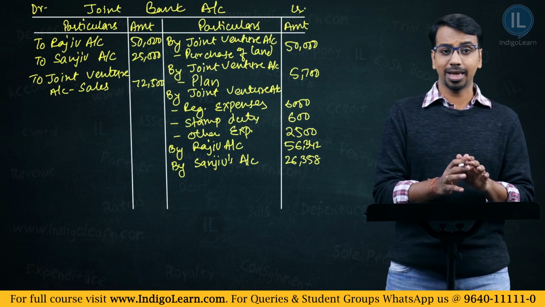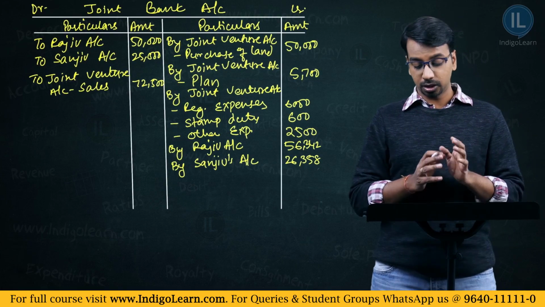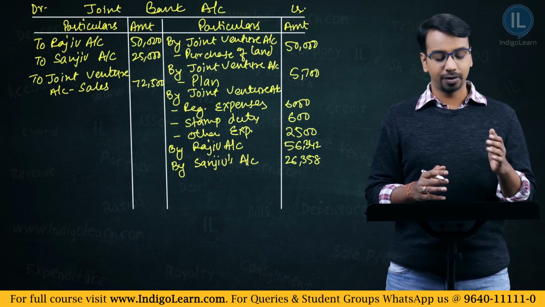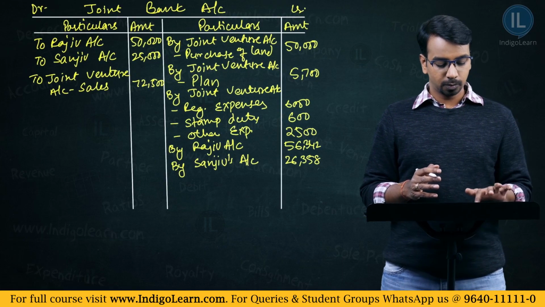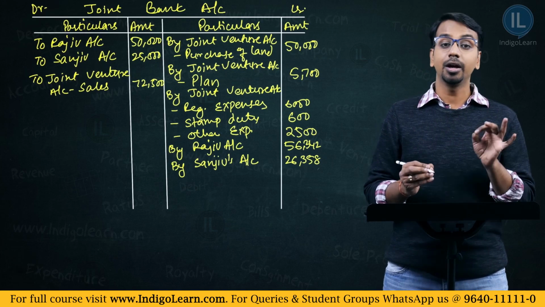Let us cross check that for our comfort. On the debit side you see 50,000 and 25,000, 75,000 plus 72,500. So 75,000 plus 72,500 gives you 1,47,500.